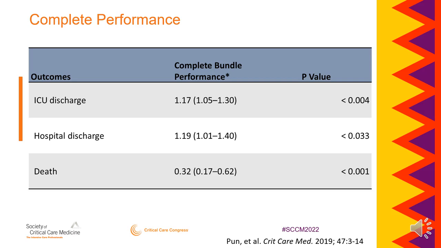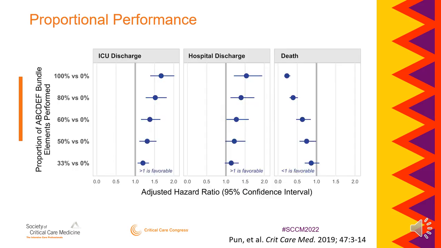But we also observed, so it was great. The best outcomes were if the patient got the complete bundle, they got every element that they were eligible for, they had the best outcomes. The good news is we also saw improvement with proportional performance, meaning the more bundle elements the patient got, the better their outcomes. And again, if you haven't looked at this paper, if you just look at the consistency of results, it's just absolutely amazing to see the consistency in terms of proportional performance.